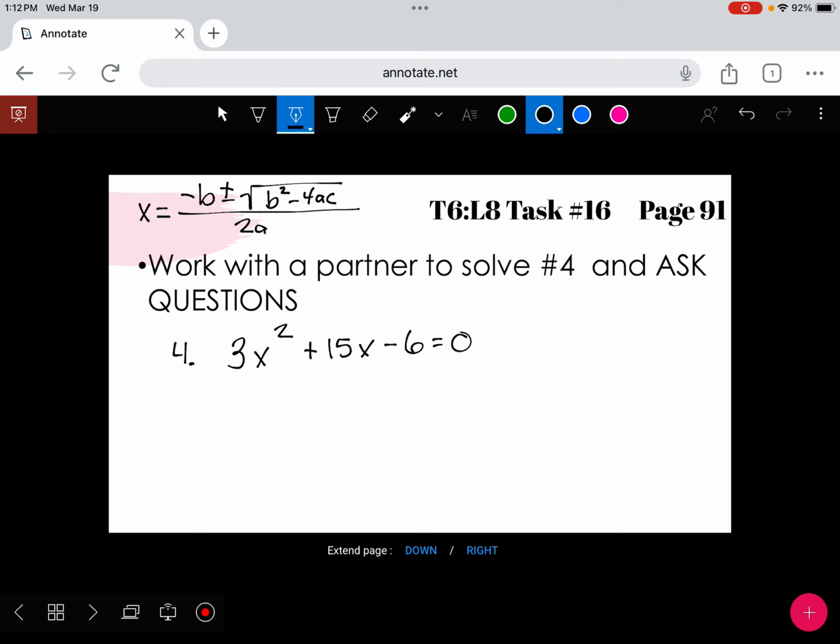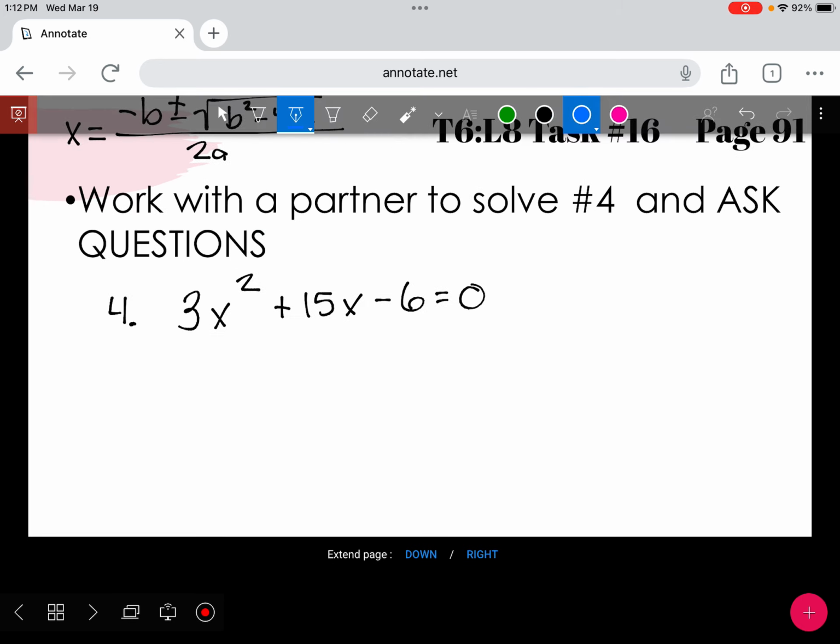What do we think about this one? What are we getting? 1 and 15 and 3 and 5.